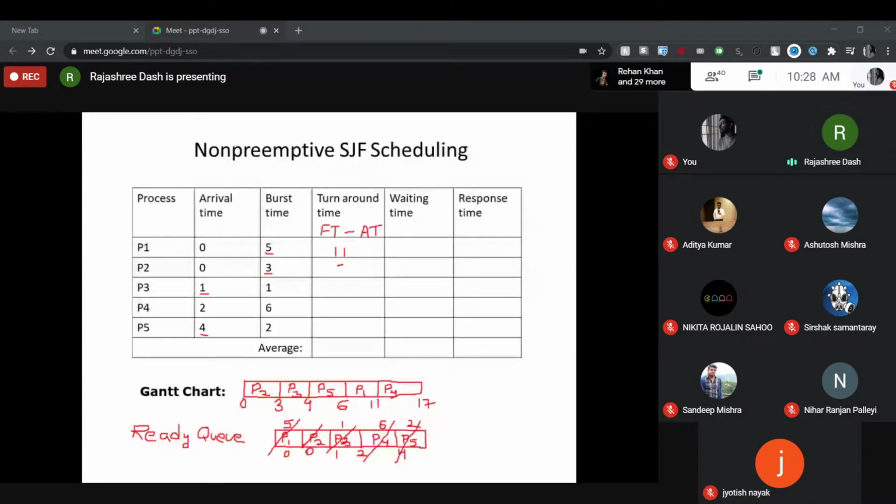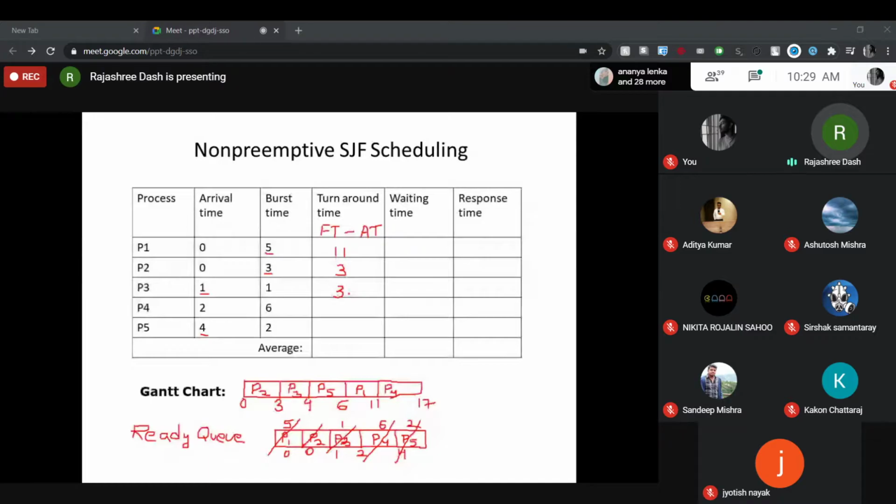Then for P3, what is the turnaround time? The finish time for P3 is 4 and arrival time is 1. So 4 minus 1, that is 3. Write it in the expanded form.